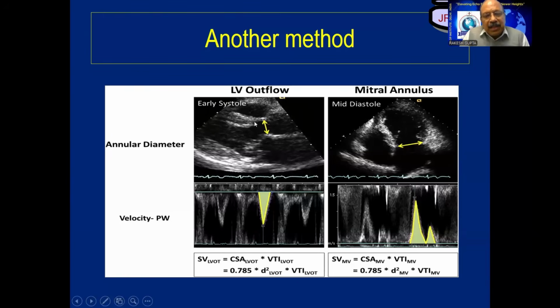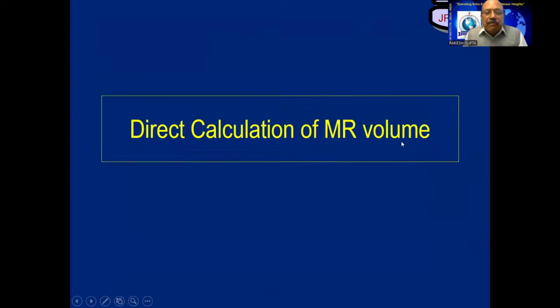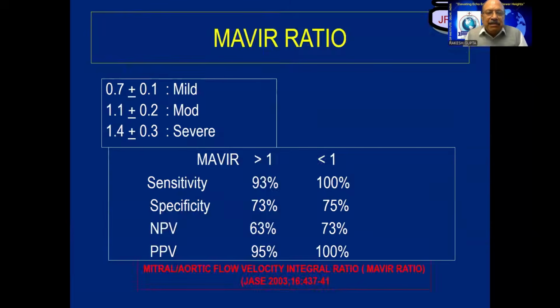A little cumbersome: LVOT diameter, mitral valve diameter, LVOT VTI, mitral valve VTI. Now look, let's get rid of the diameters. Let's just look at the mitral aortic velocity integral ratio. What is that?